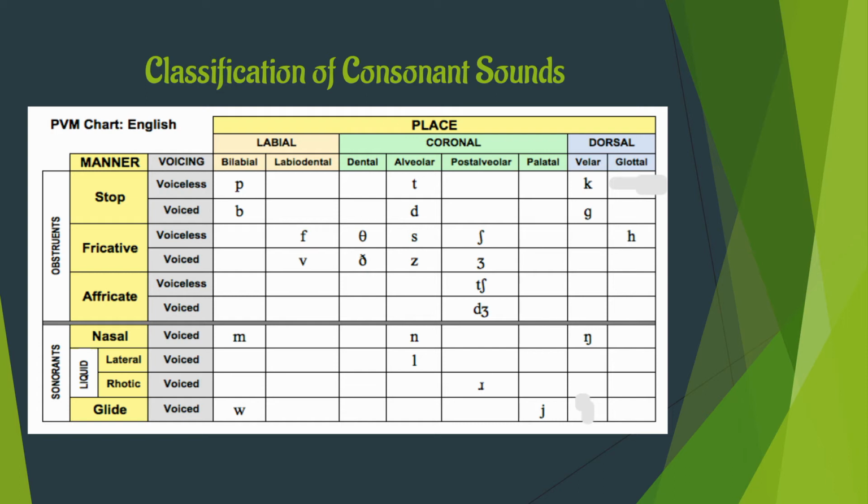I have already given you the information yesterday. What are fricatives? Fricatives are the consonant sounds which will be produced with the help of two articulators which come very close together, and then there will be a considerable gap between the passive articulator and the active articulator, and through that gap the air will be pushed out.